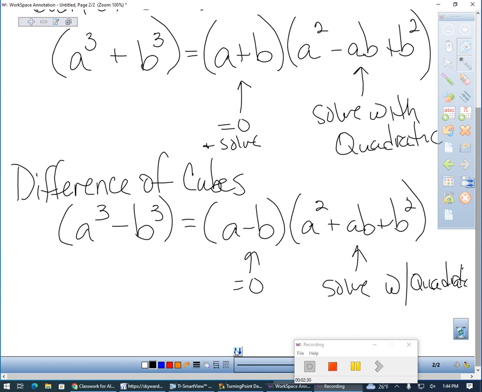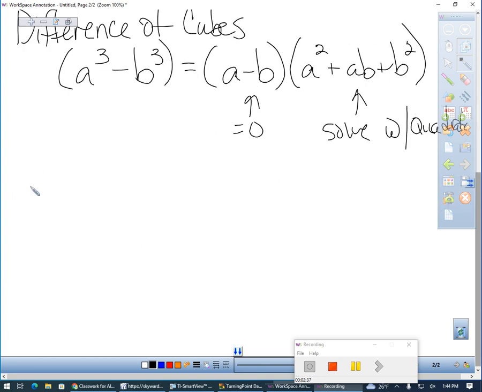All right, so here we go with example number 1. So let's say I have x to the third minus 8 equals 0.